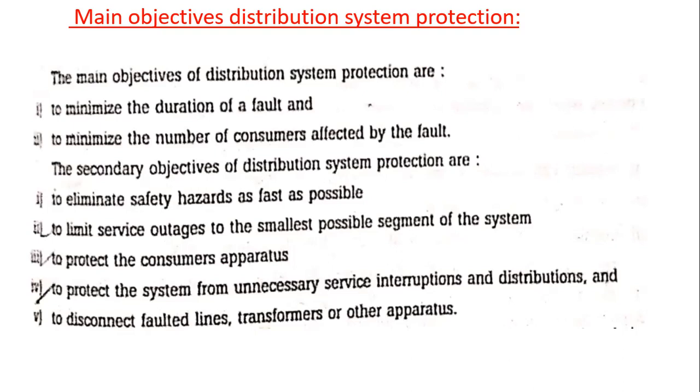Next, coming to the secondary objectives. We are limiting the outages and also protecting the faulted equipment in the distribution system. The system is also protected from unnecessary service interruptions, and we protect consumers and operators, and eliminate safety hazards as fast as possible.